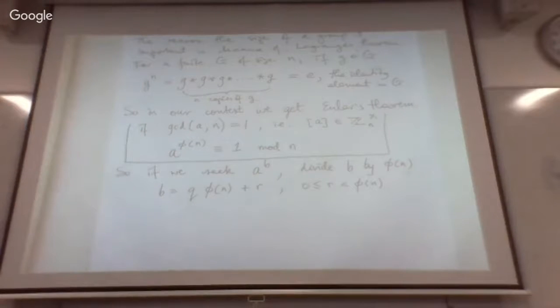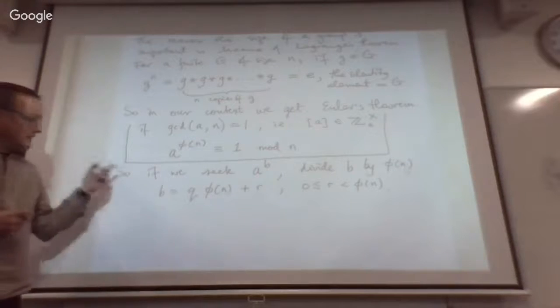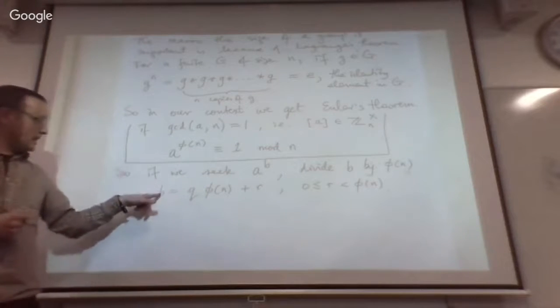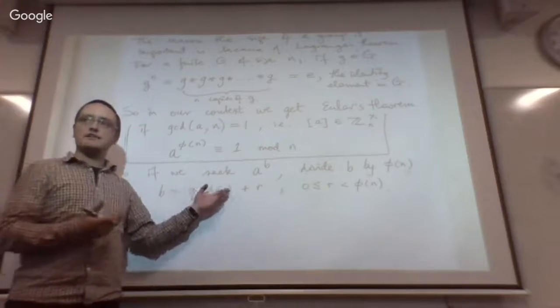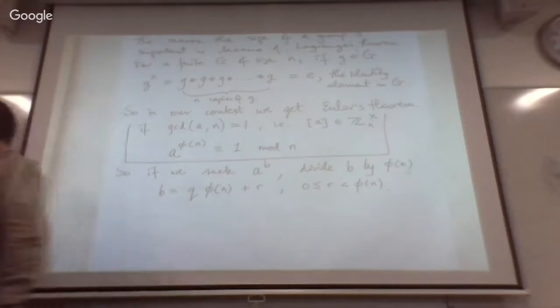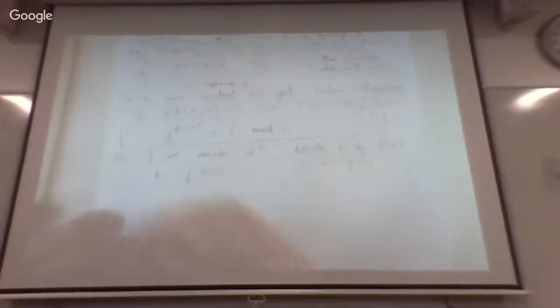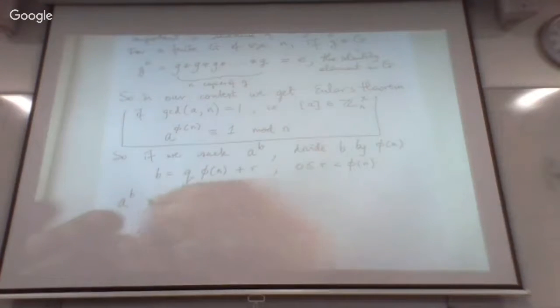Phi of n, remember, is the size of this group, the number of integers between 1 and n that are coprime to n. If I integer divide b by phi of n, if I know phi of n so I can do this integer division, then a to the power b is equal to a to the power q phi of n plus r.